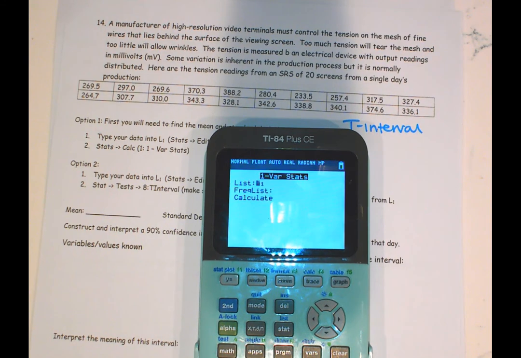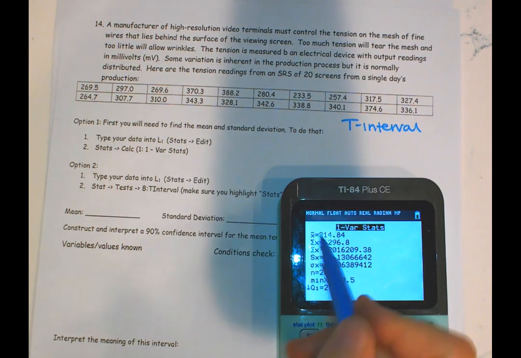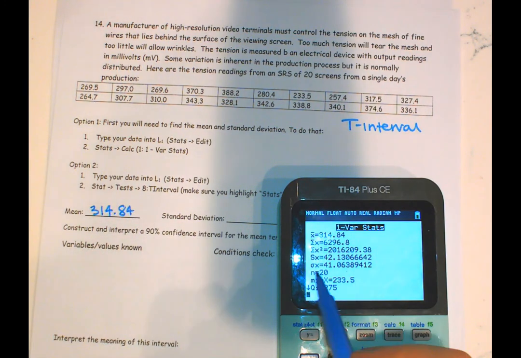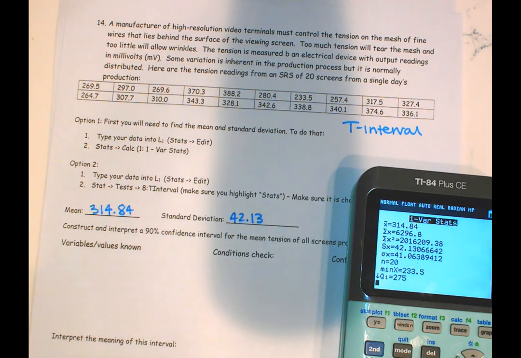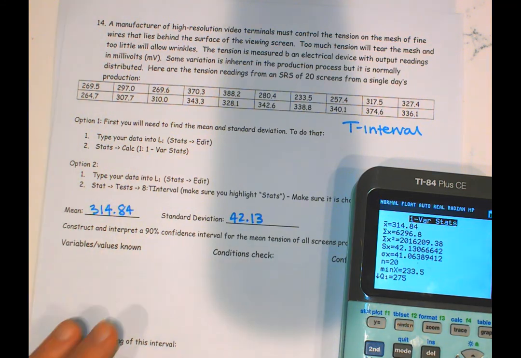And so I get a mean of 314.84, and Sx is my standard deviation, so 42.13. So we can do it this way, and then we can run everything else as normal.